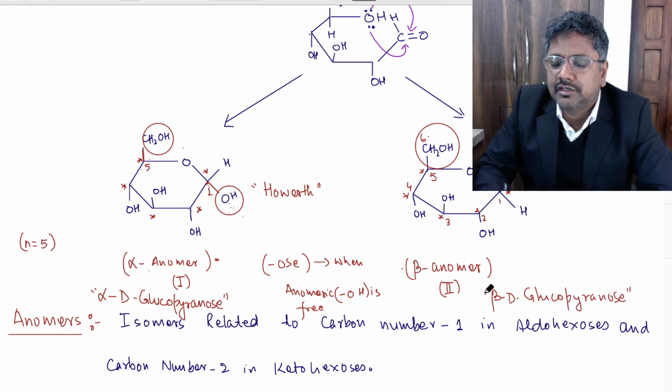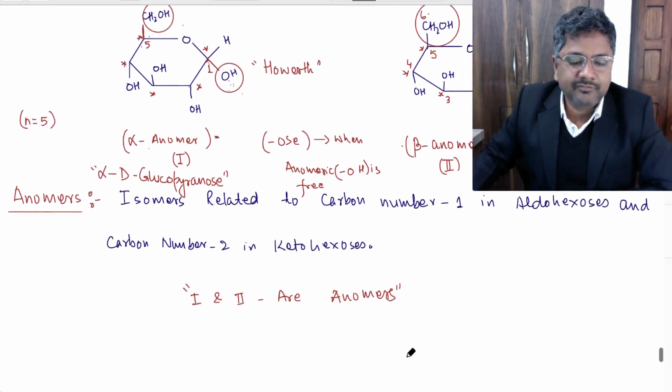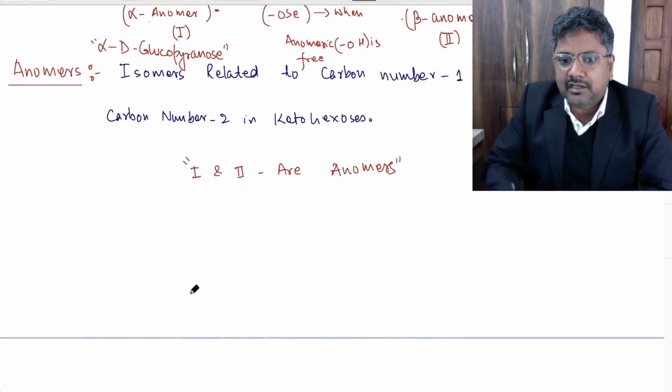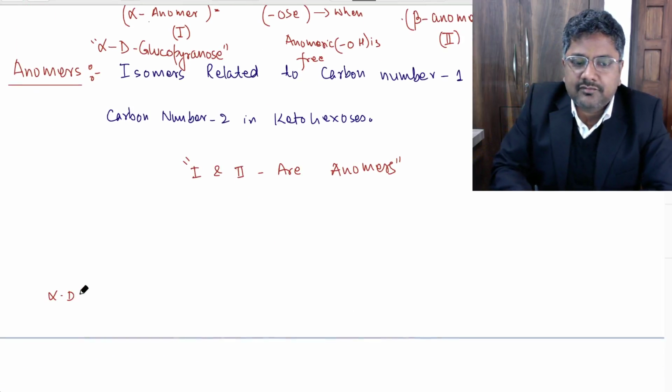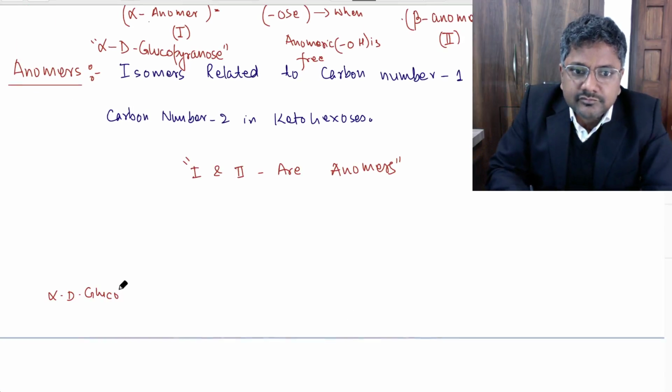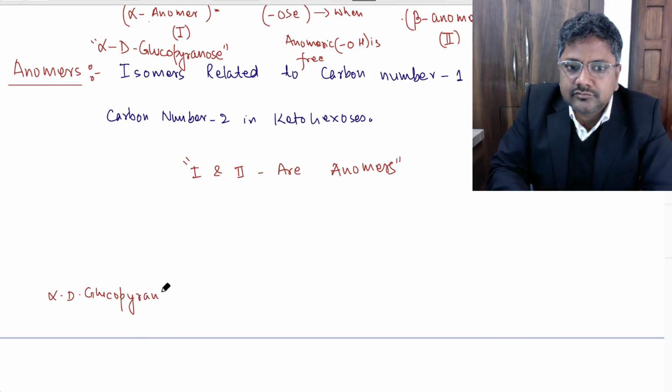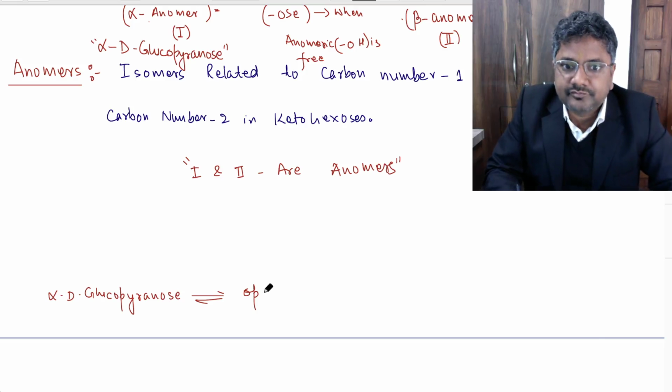And this is called beta-D-glucopyranose. See this alpha-D-glucopyranose is in equilibrium with open chain, and this is in equilibrium with beta-D.